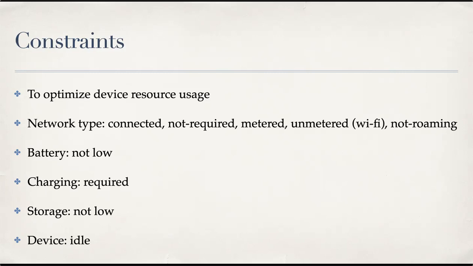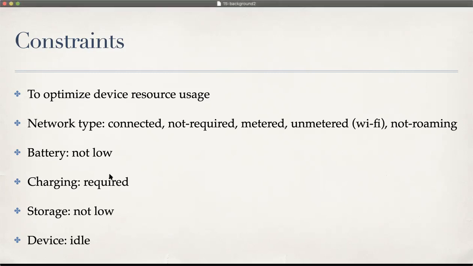So again, a huge download or something that would strain the system. Otherwise, you probably don't want to do it when the user is also playing a game and streaming a video in parallel and things like that. So these are the types of constraints that you can specify.